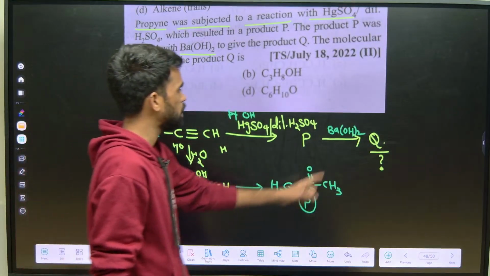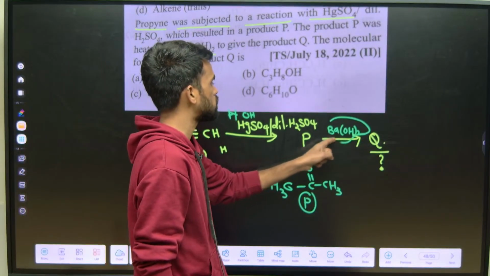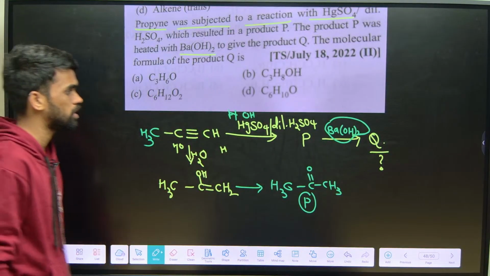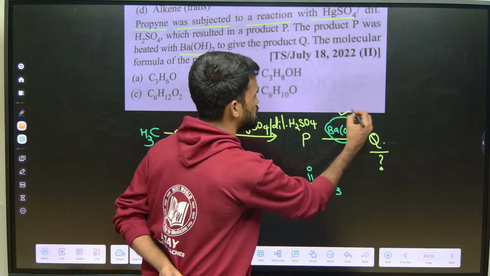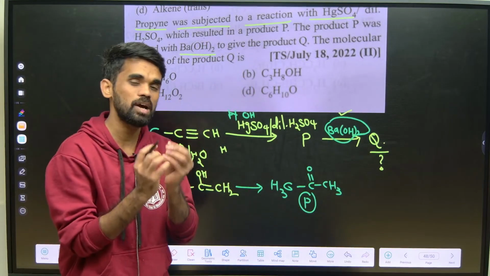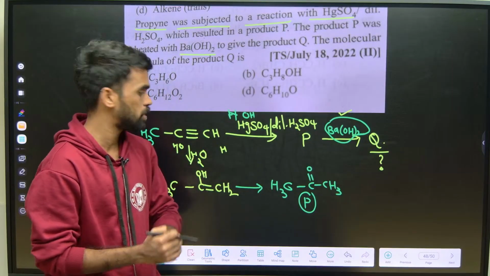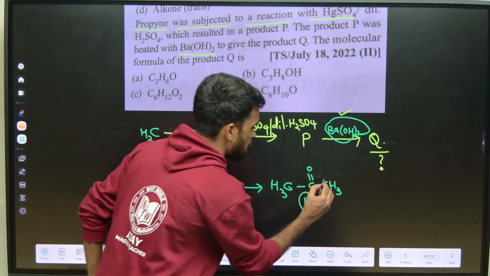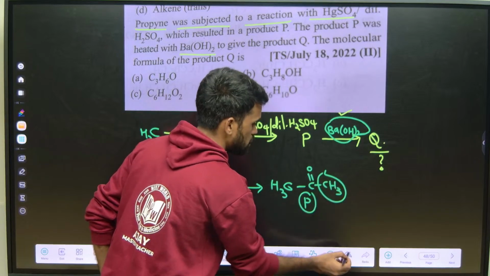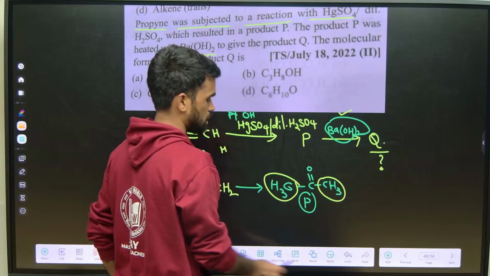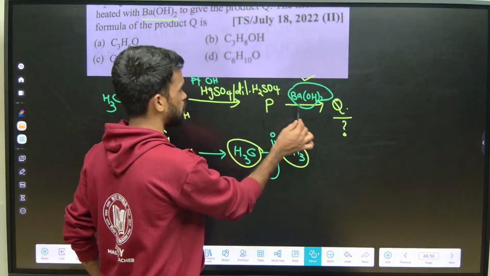Now this P is treated with barium hydroxide. What happens with barium hydroxide? See, barium hydroxide is a base, right? That base abstracts an acidic proton. Where do we have an acidic proton in the given compound? Just look here, these alpha hydrogens are acidic. Carbonyl compounds having alpha hydrogens are acidic, so that acidic proton is taken by this base.